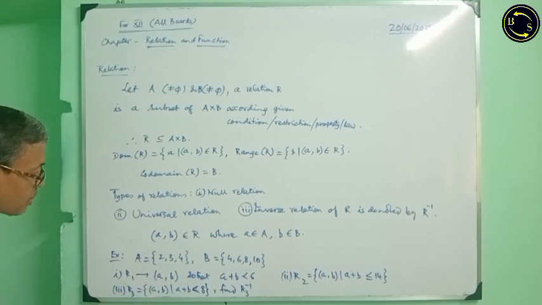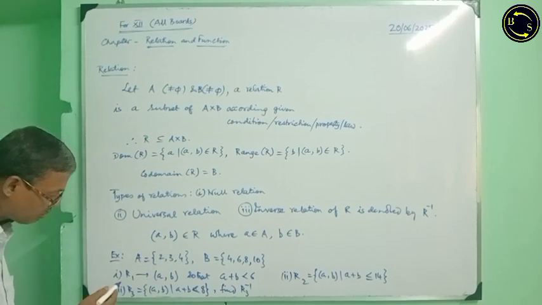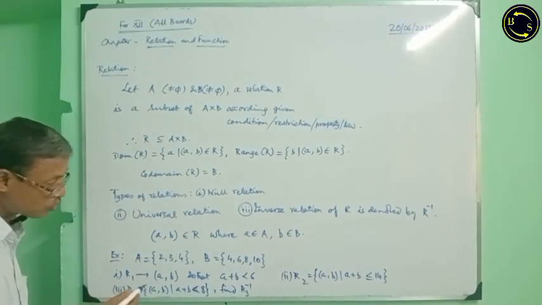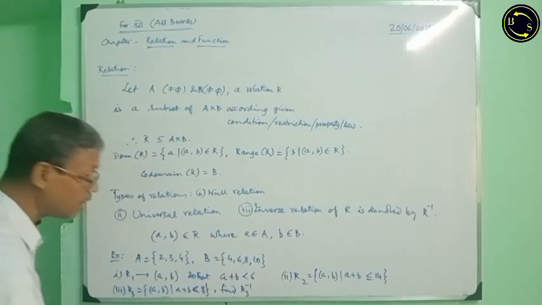After taking the two sets A and B, I first determine relation 1 so that A plus B less than 6.